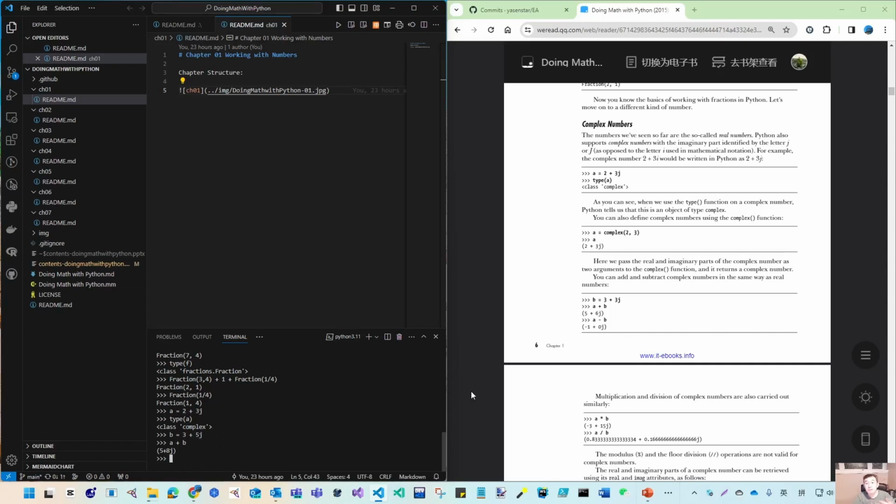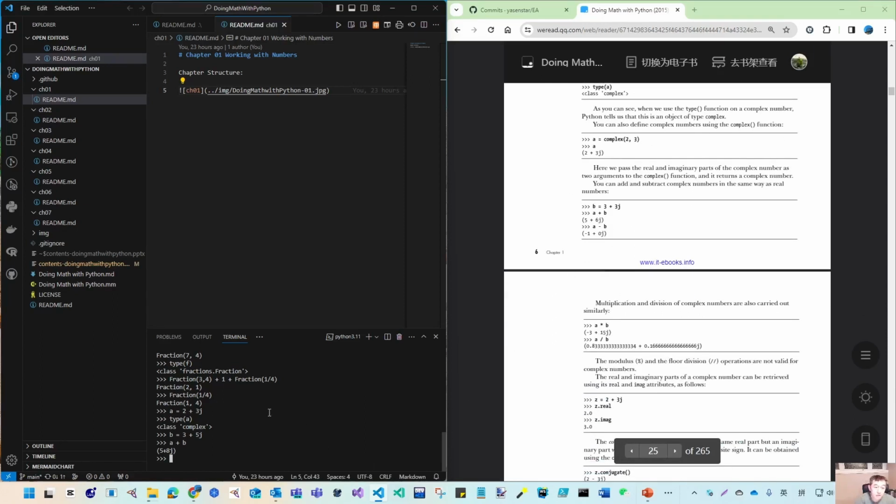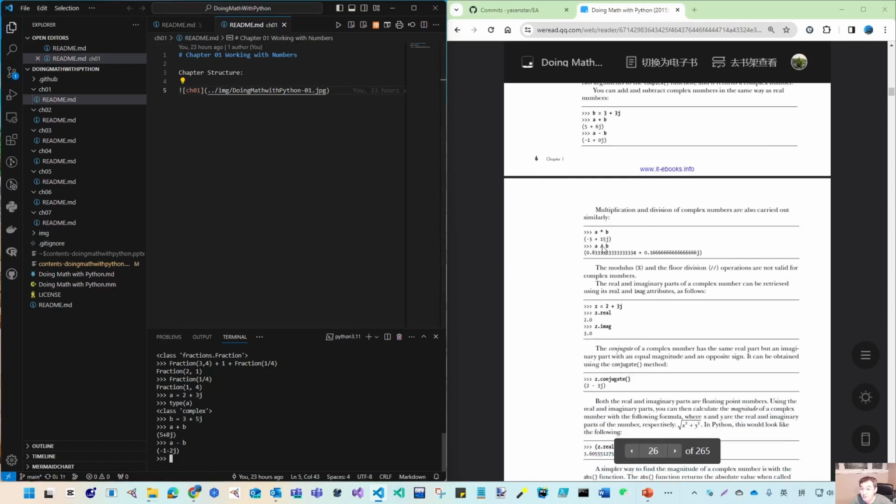That is the basic plus, the addition operation for complex numbers. Similarly, if you use A minus B, you get the real parts doing the minus, and the imaginary parts also doing the minus.